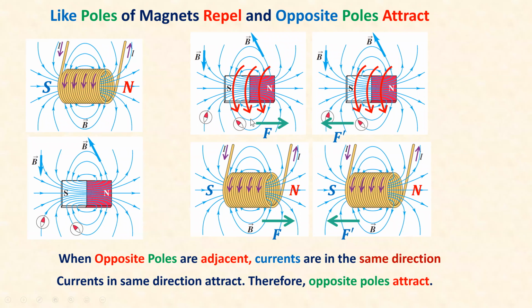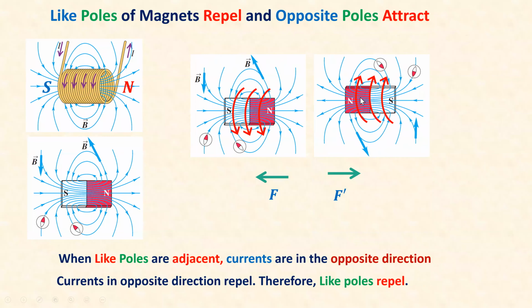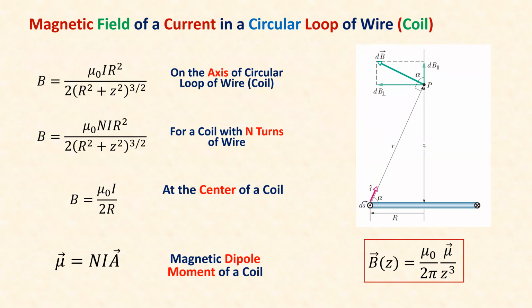I explained that in the previous lecture, so I won't go into details again. And when two magnets have the same poles toward each other, the currents in the magnets are in the opposite direction, so they repel each other. That's why the same poles of magnets repel.